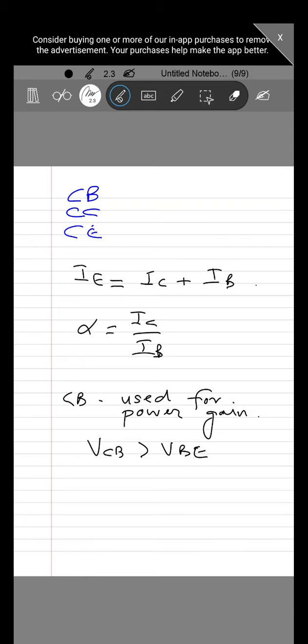Then the collector power is greater than the emitter power.